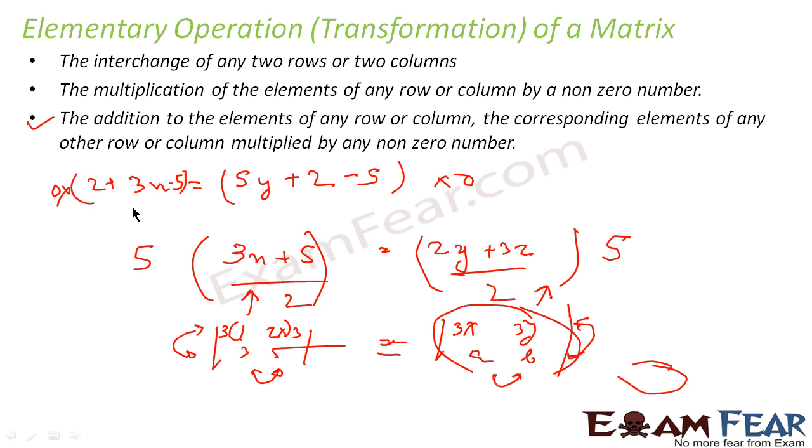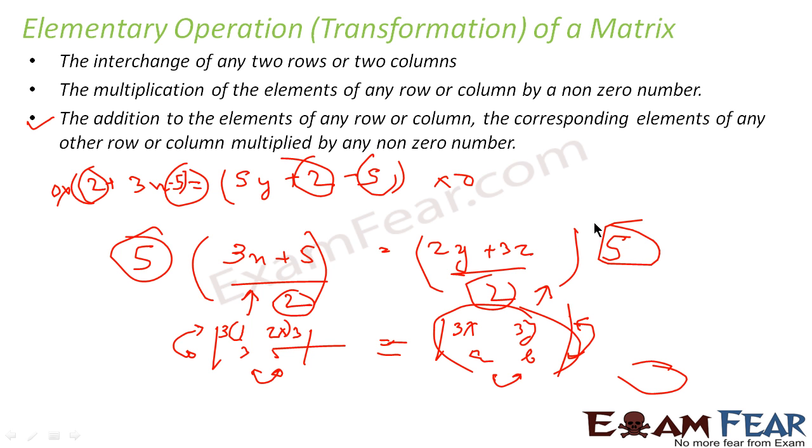Similar to this, when I say plus 2, I add 2 on both sides. When I say minus 5, I subtract 5 on both sides. When I say divide by 2, it is on both sides. Multiply by 5, both sides. Similarly here, when I say interchange rows, interchange on both sides; interchange columns, on both sides; or multiply a particular row by a number, you multiply the same row by the same number on the right-hand side also.